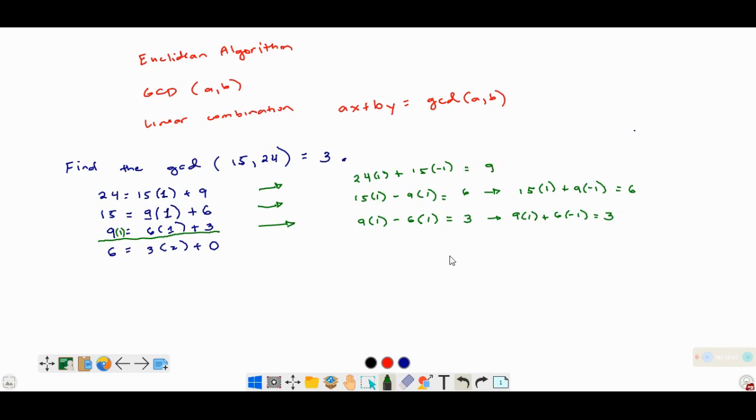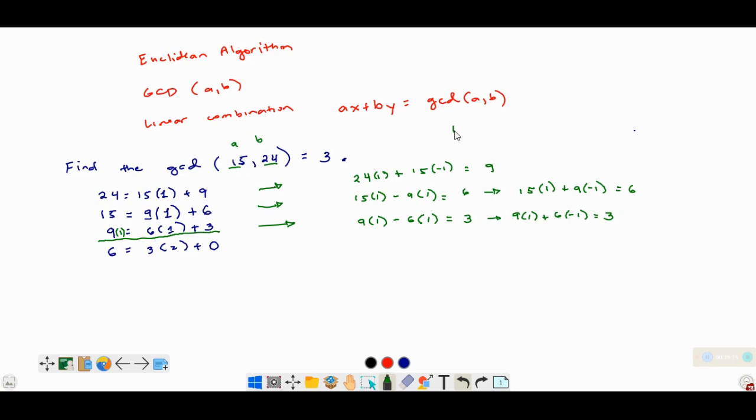Ngayon, ano yung gagawin natin dito sa mga to? We are going to find an integer in the form ax plus by is equal to the GCD AB. And take note that your integers are 15 and 24. If you are going to settle with 9 and 6, they are not equal with our original value a and b.